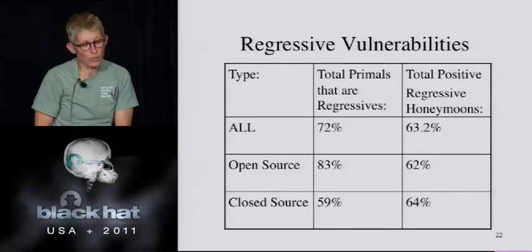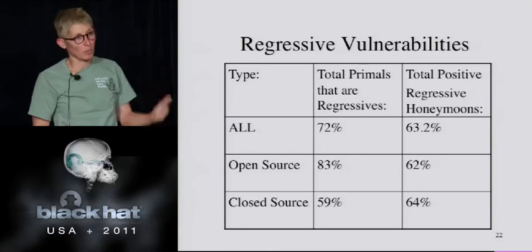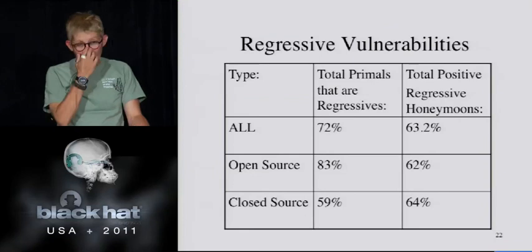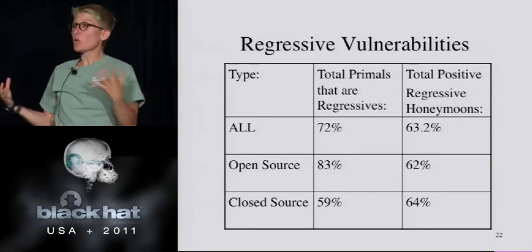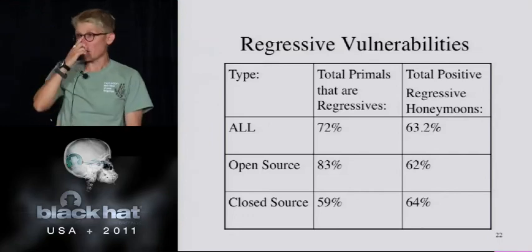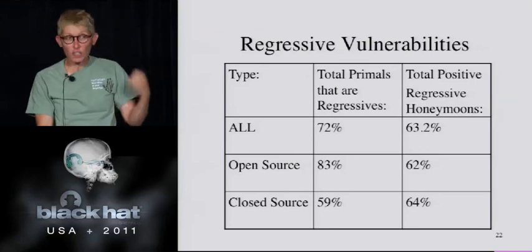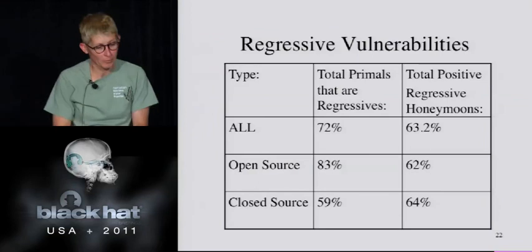So most of these are regressive. This is code that attackers have had time to look at. This is code that they've been familiar with. And the most interesting thing about this to us is that even though this code's been out there a while, even though they were able to attack it faster than maybe they were able to attack the new code, there's still a positive honeymoon. It still took them longer to find this regressive one than it takes them to find the next vulnerability.